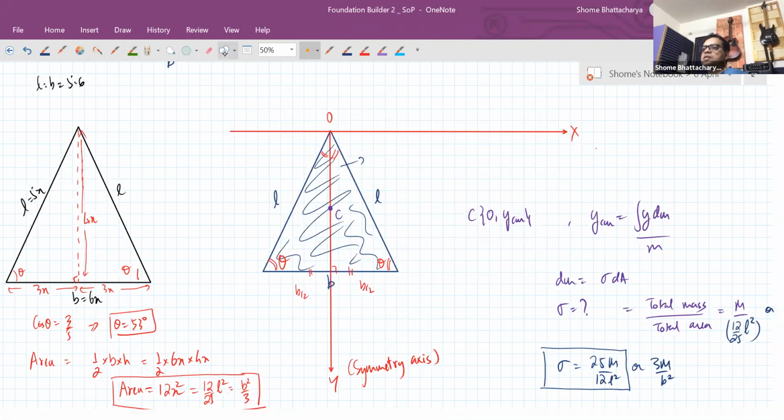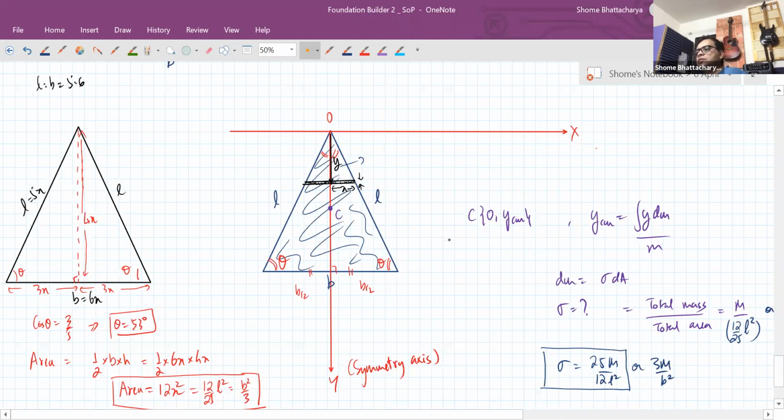So at some y coordinate like this, we will cut a horizontal strip like this, which is of very small thickness dy.